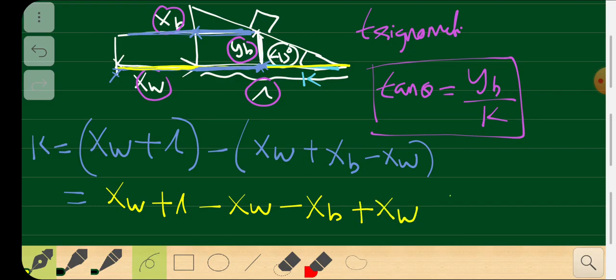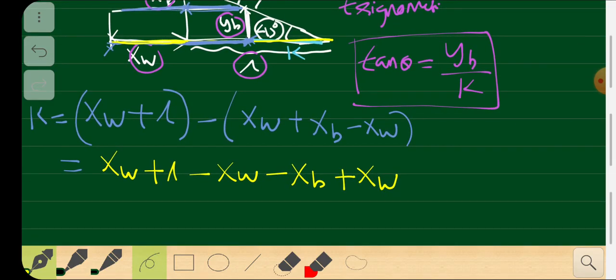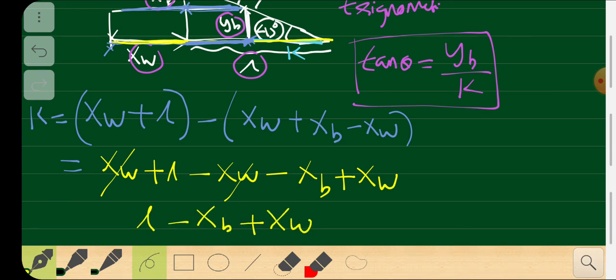One xw cancels, xb remains, and you get l minus xb plus xw, so that will be equal to k. So you found out k: L minus xb plus xw is k.